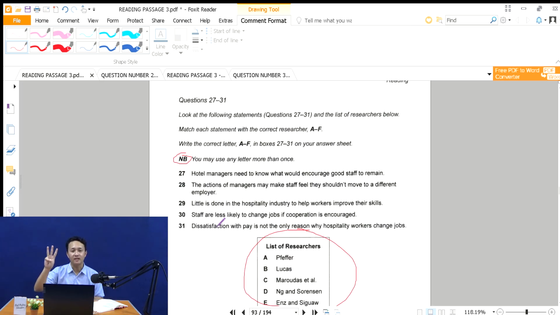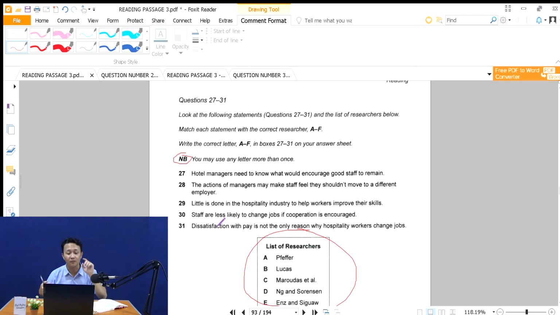Step number 3, you have to read the questions. Okay, so 27 until 31, and then try to understand what information that you should find. Because if you read the text right away, then there will be a lot of information that you have to understand, but you only need to understand information in question number 27 until 31.